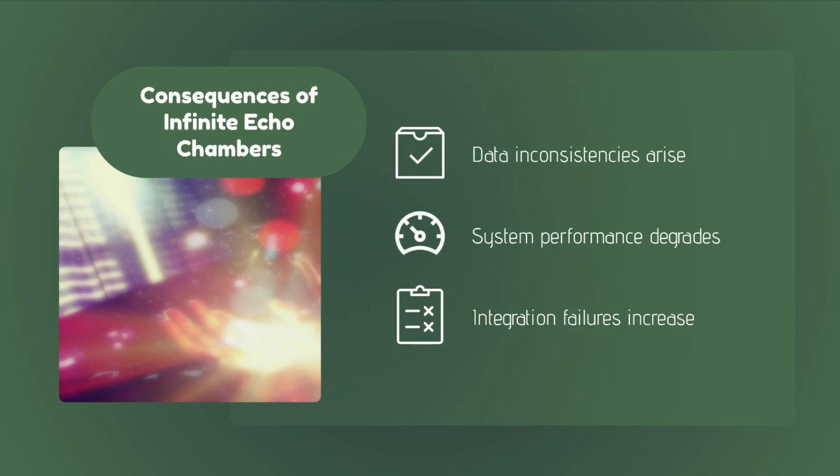What are the consequences of an infinite loop? Number one, data inconsistencies rise. If you have been doing Shopify and ERPNext, I know this is not anything new: Shopify says this, ERPNext says the other thing. Then system performance degrades.